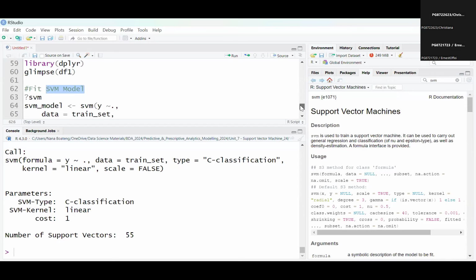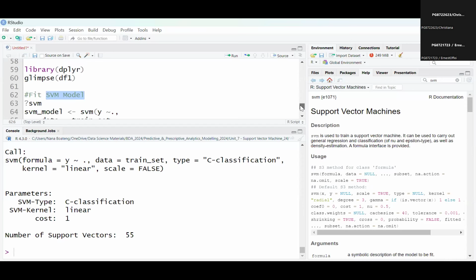Yes, sir. And it's not working. Okay. In formula, no data argument, error in terms.formula. Let's check and sort it out. Don't worry.